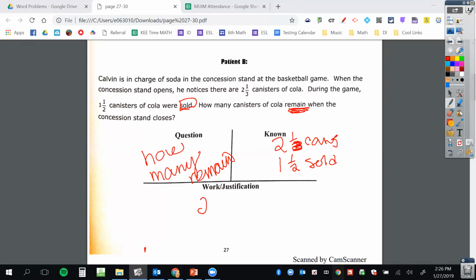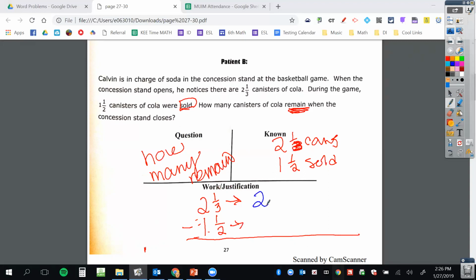So 2 1/3 minus 1 1/2. So again, whole numbers stay exactly the same.